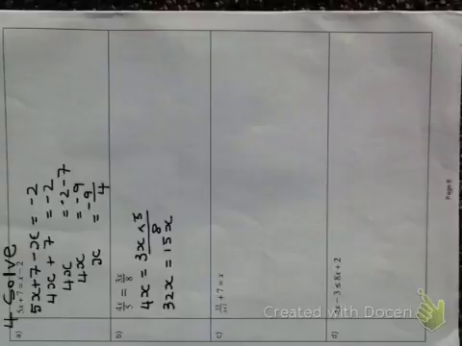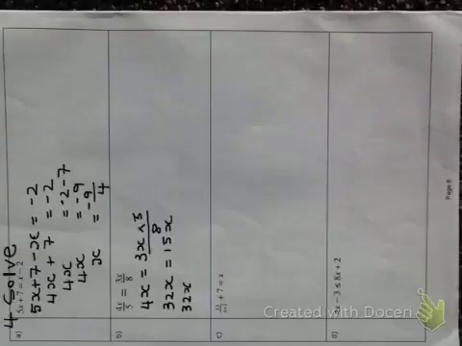And next, what I'm going to do is work them all out so that I'm going to make my equation equal to 0. So 32x's.